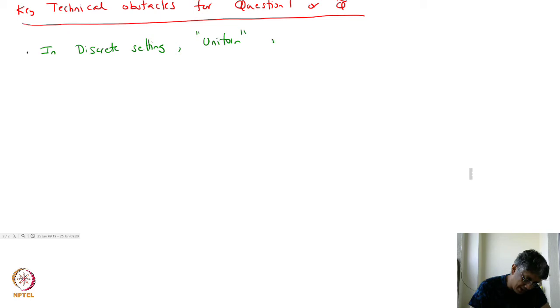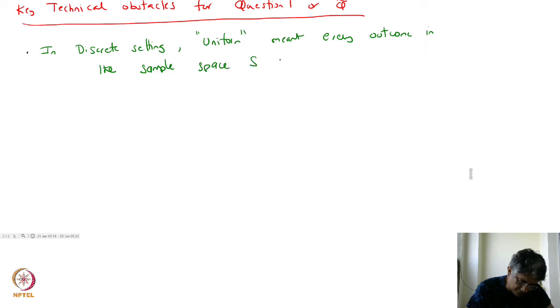Uniform meant to us that every outcome in the sample space S was equally likely.